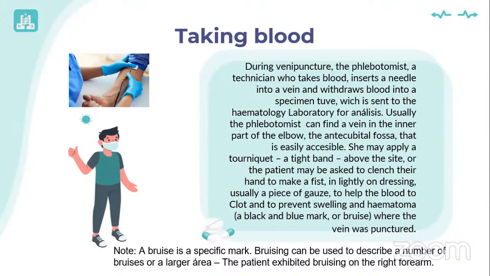Usually, the phlebotomist can find a vein in the inner part of the elbow, the antecubital fossa, that is easily accessible. She might apply a tourniquet, a tight band above the site, or the patient may be asked to clench their hand to make a fist. Then a light dressing, usually a piece of gauze, helps the blood to clot and prevents swelling and hematoma, a black or blue mark or bruise where the vein was punctured.